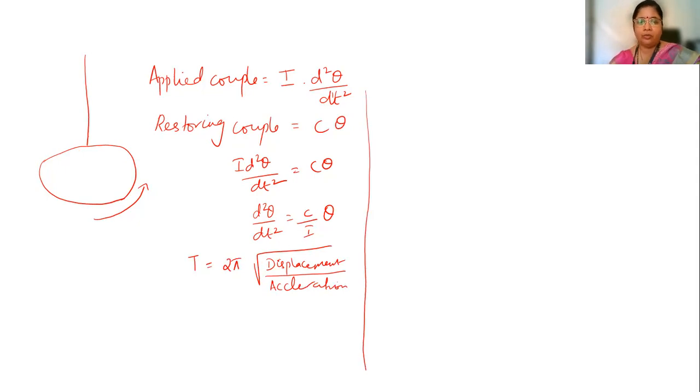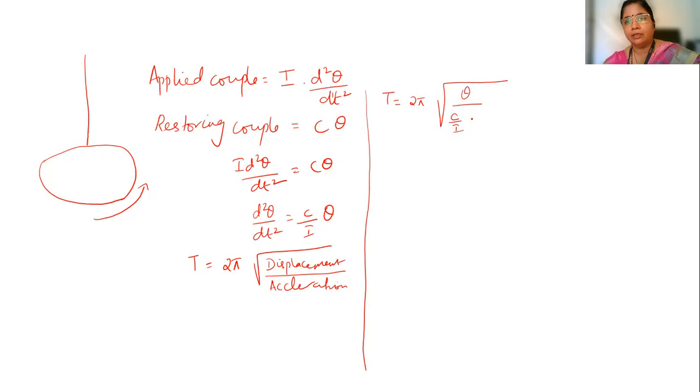So what we are going to do, we are going to substitute for displacement here and we are going to substitute for acceleration here. So you will have T is equal to 2 pi root of, what is displacement? Displacement we know is theta, angular displacement, theta, and acceleration. What do we have for acceleration? d square theta by dt square is c by I into theta. So what do we have?